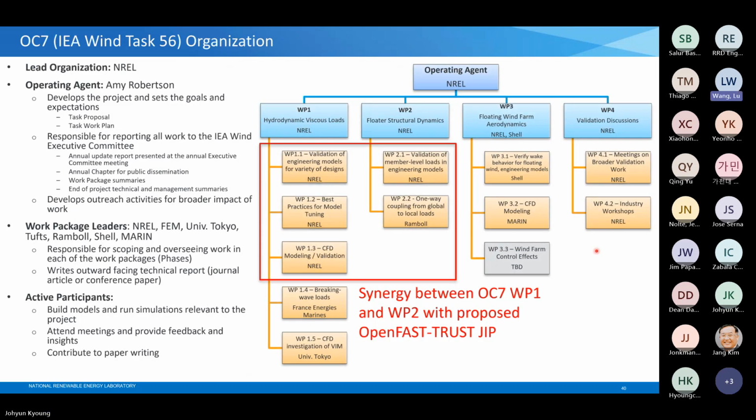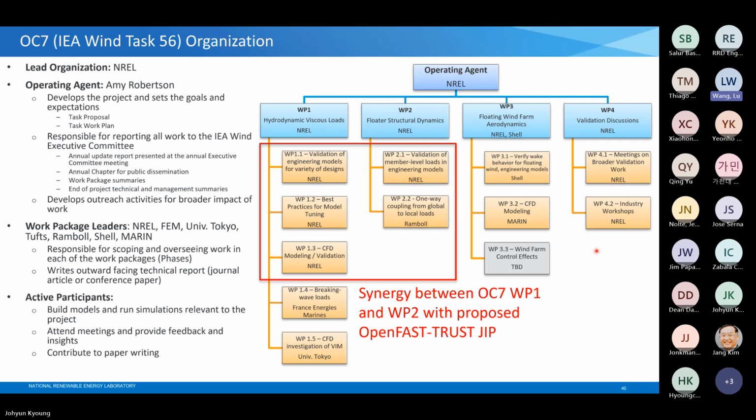All right, so this slide shows the list of subtasks within each phase of OC7, focusing on phase 1 and 2, or work package 1 and 2 here. We have a list of subtasks in the red box that are most closely aligned with the OpenFAST-TRUST JIP. In work package 1 on hydrodynamic viscous loads, we have work package 1.1 on the validation of engineering hydrodynamic models for a variety of designs.